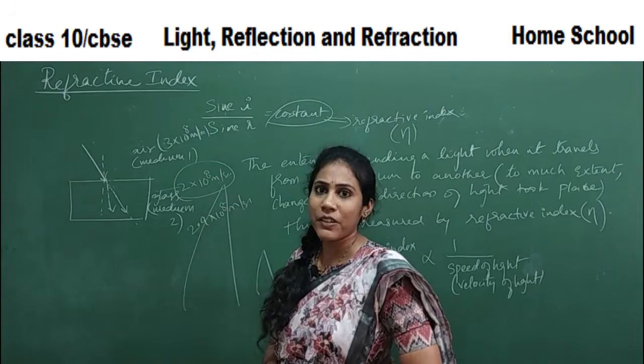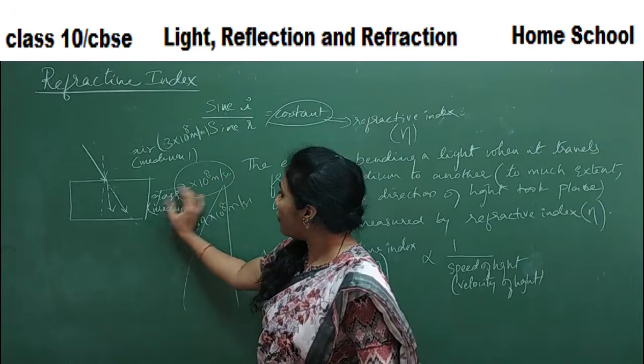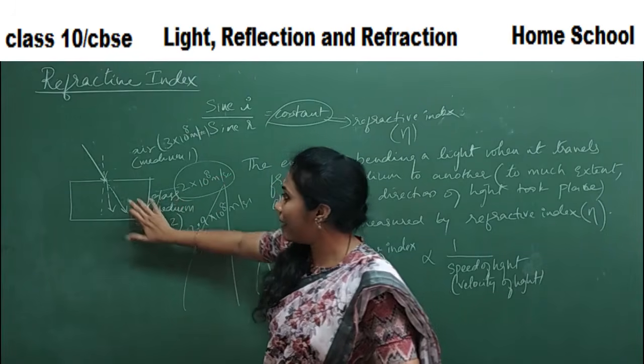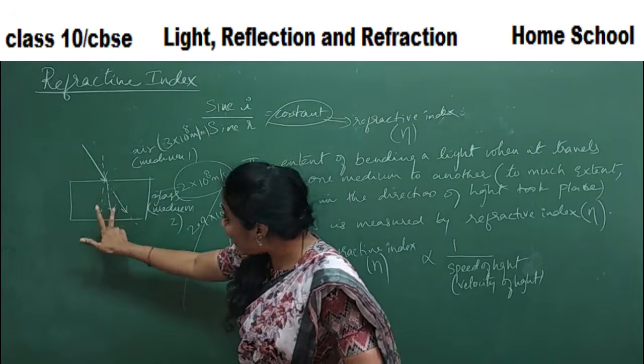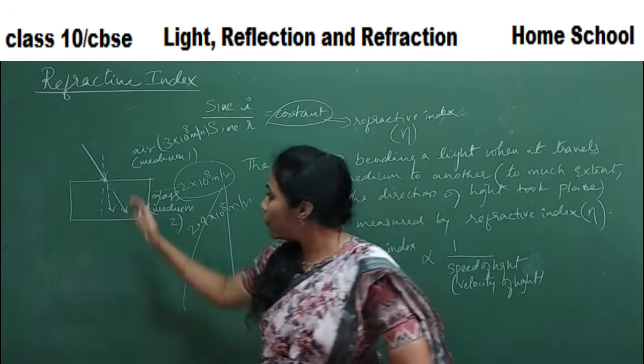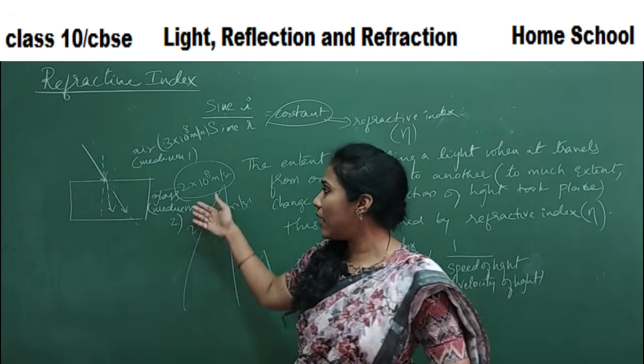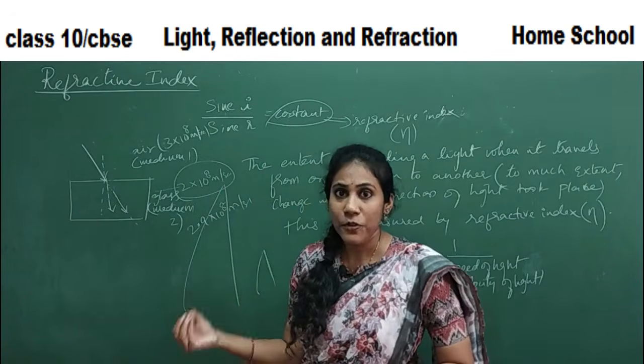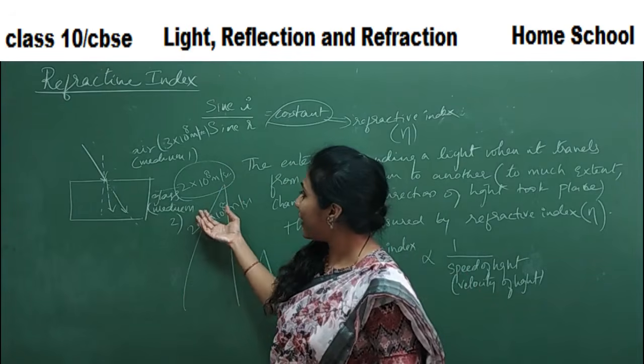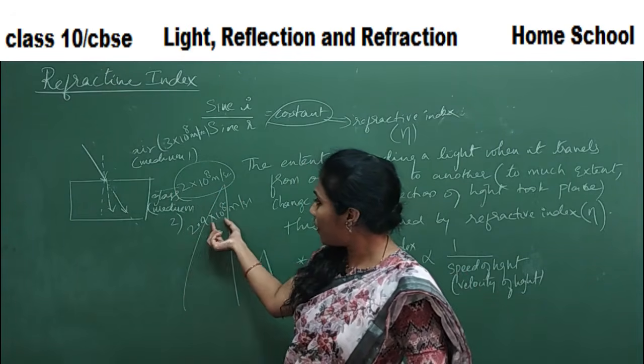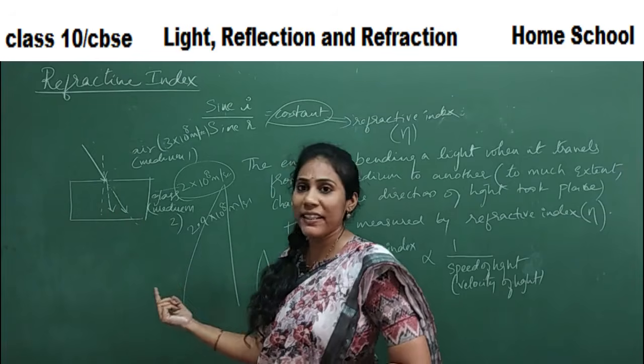As the speed of light decreases in the second medium, the extent of bending of the refracted ray towards the normal or away from the normal increases, right? If the speed of light was 2.9, you wouldn't observe that much bending.